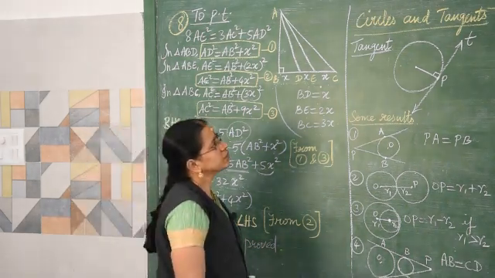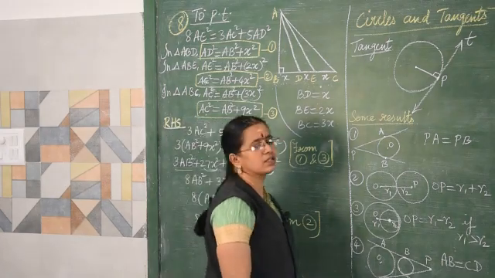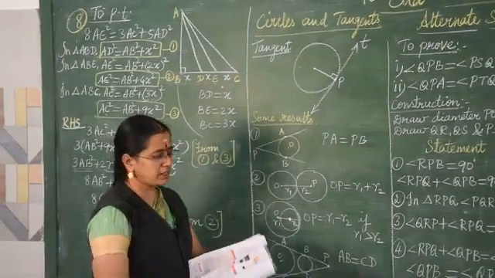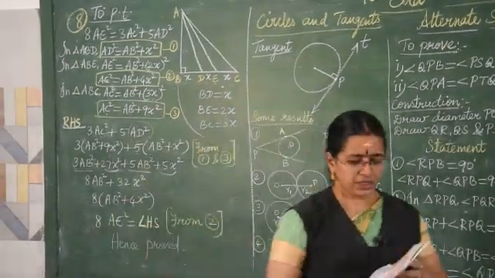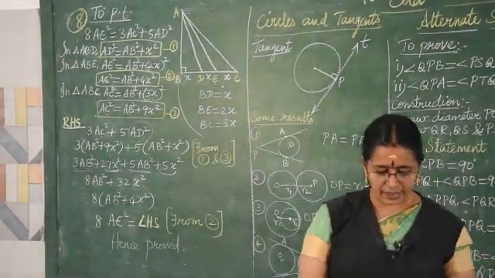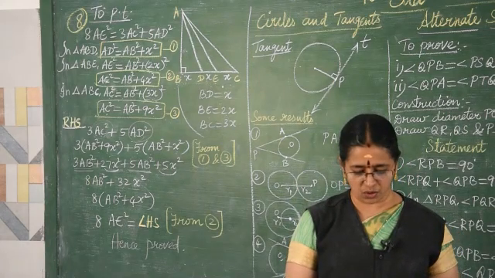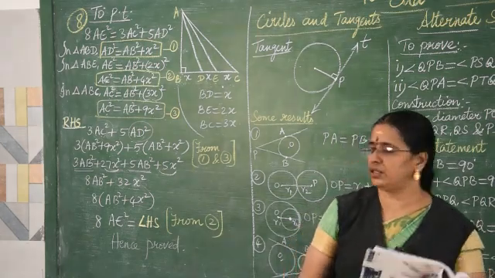And the next topic is circles and tangents. What is a tangent? If a line touches the given circle at only one point, then it is called a tangent to the circle.